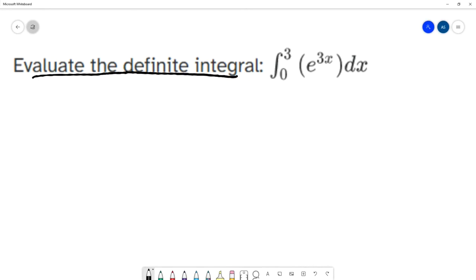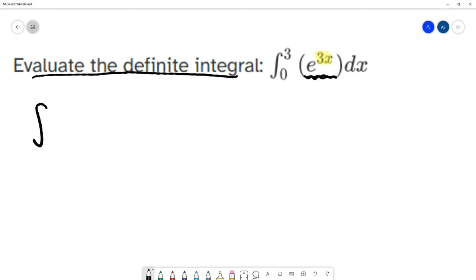So the first thing we need to do is to find the antiderivative of our argument here, the e to the 3x. But because our exponent is 3x, we need to consider the chain rule with this example. So the derivative of 3x is 3.